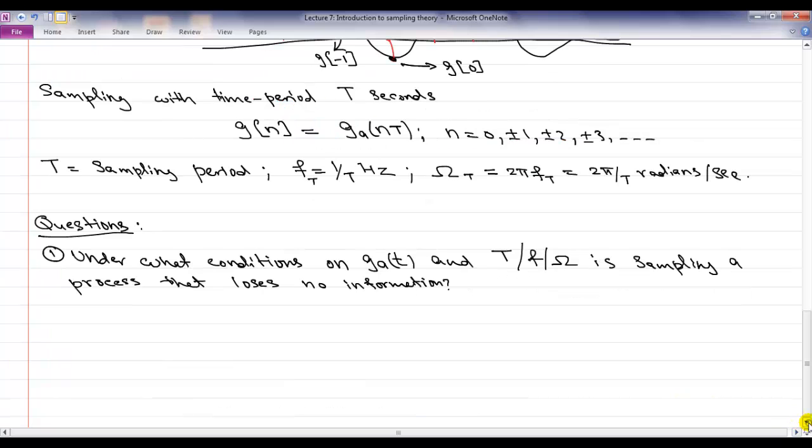The question of whether you will lose information or not is really a function of what type of signal you have. So sampling theory is always about, for this class of signals, this is how you should sample.